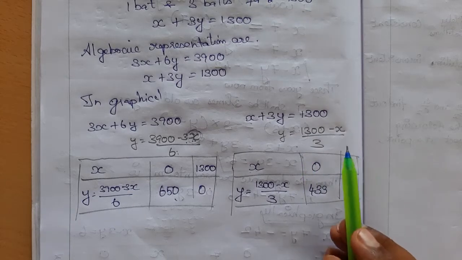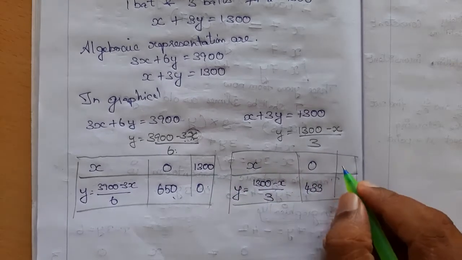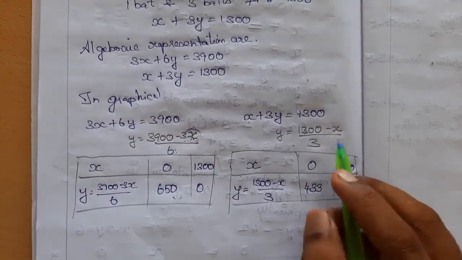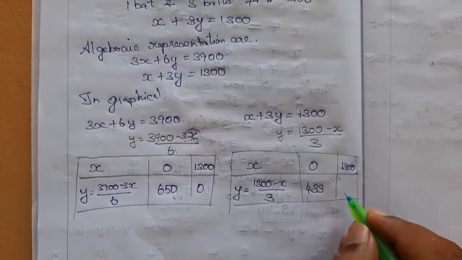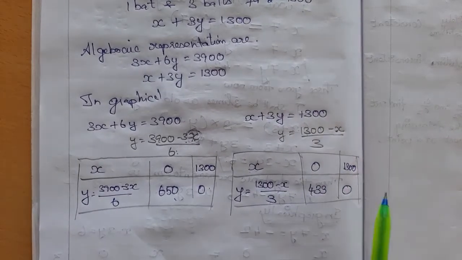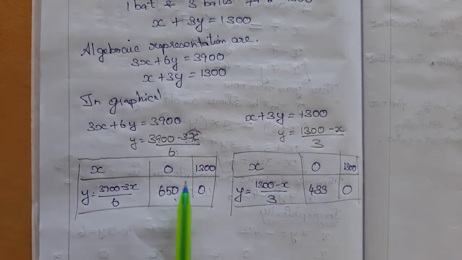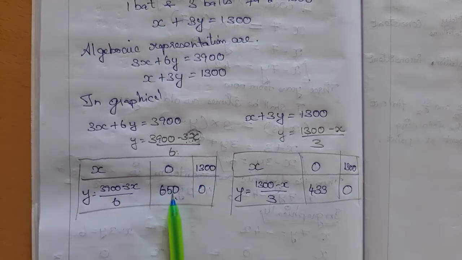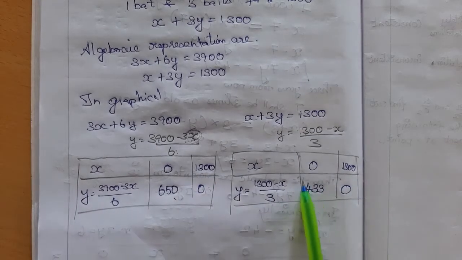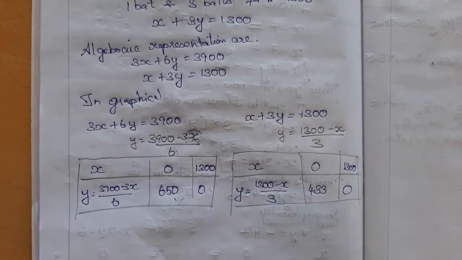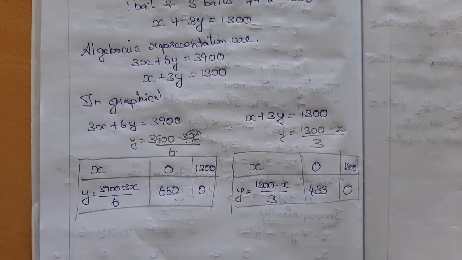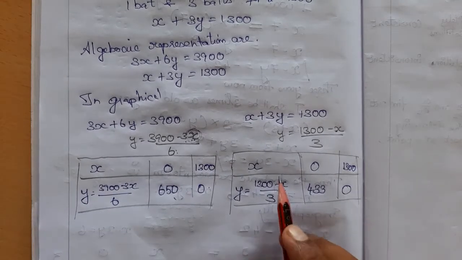And next I will consider the same 1300 here. So 1300 minus 1300 will become 0. So this term will become 0. But if you see, the x-axis is in hundreds, right? But here it is 433. It will be very difficult to draw in the graph. So let me consider one more point here.